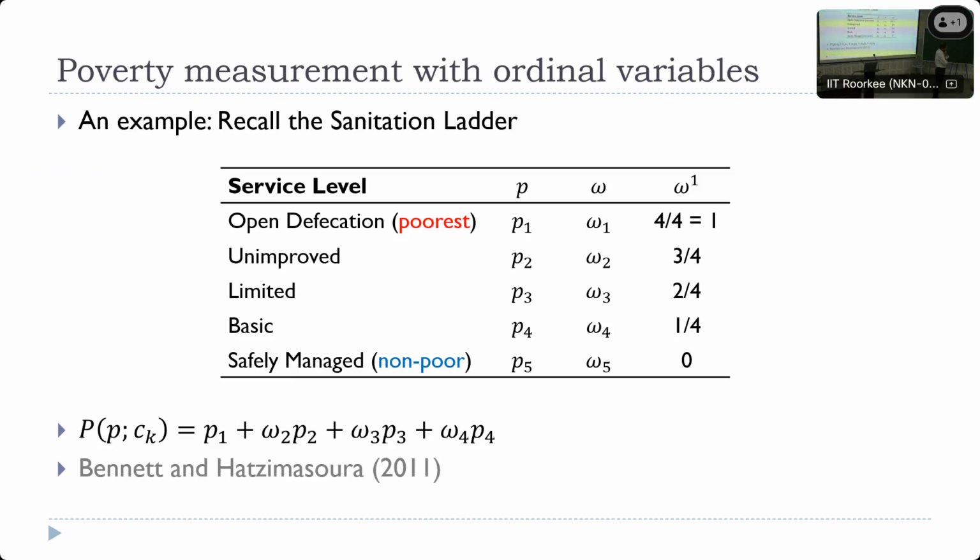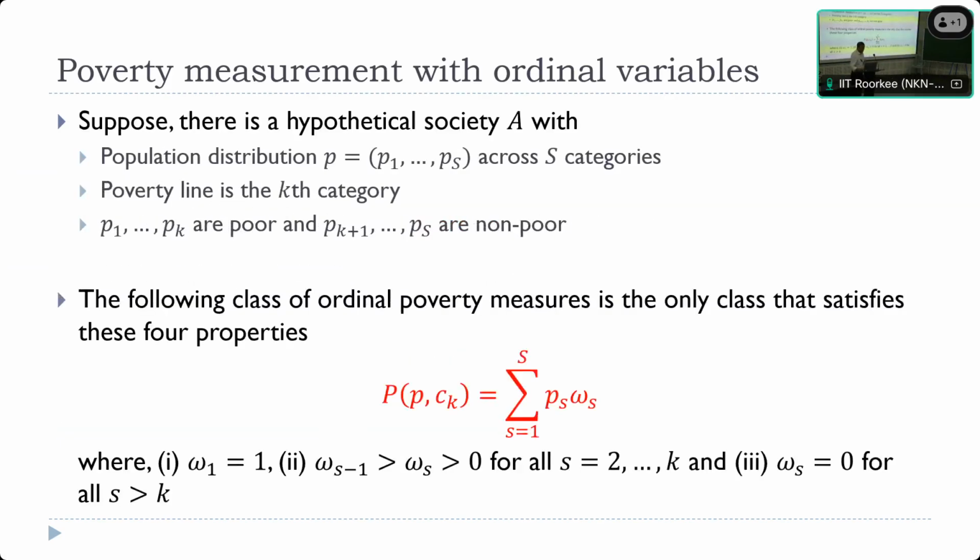meet all the conditions, the properties. If you go here, it satisfies this restriction, right? 1, and subsequently it is going down, and for the non-poor, that can be any weight. This is what Bennett and Hatsumasuga used, as I showed you. But it can be any weight, and that's why in the paper we also propose how to test dominance.